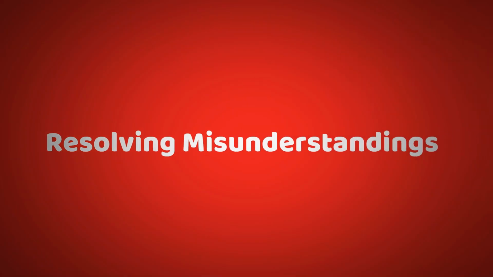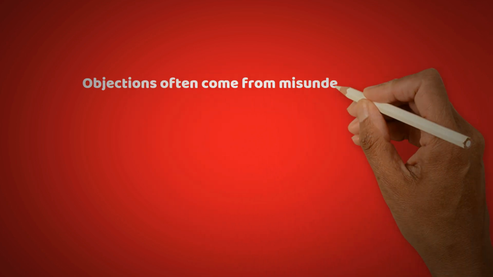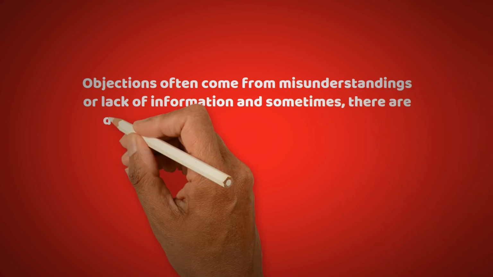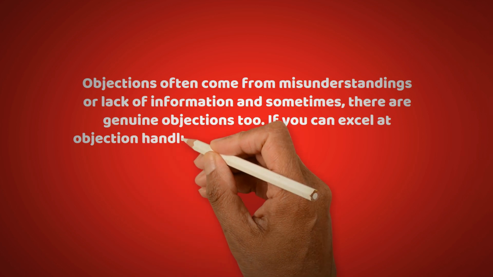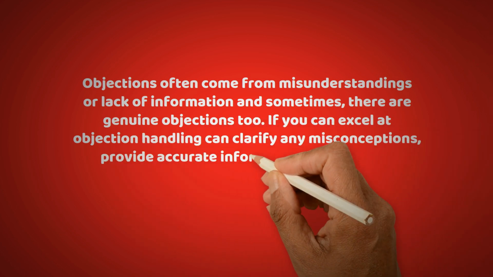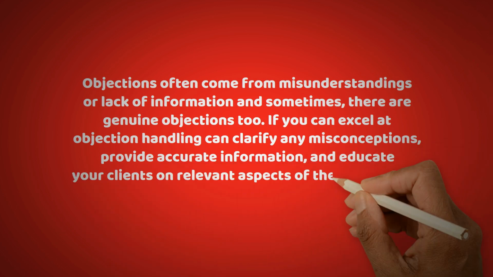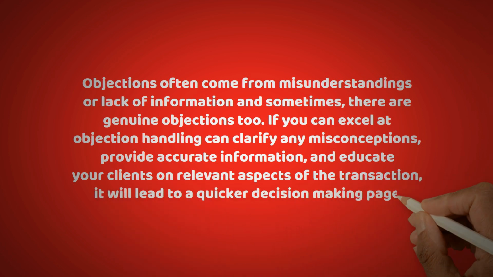Next on the list is resolving misunderstandings. Objections often come from misunderstanding or lack of information, and sometimes they're genuine objections too. So if you can excel in objection handling and clarify any misconceptions when you provide accurate information, you educate your client on relevant aspects of the transaction. It will lead to quicker decision-making.